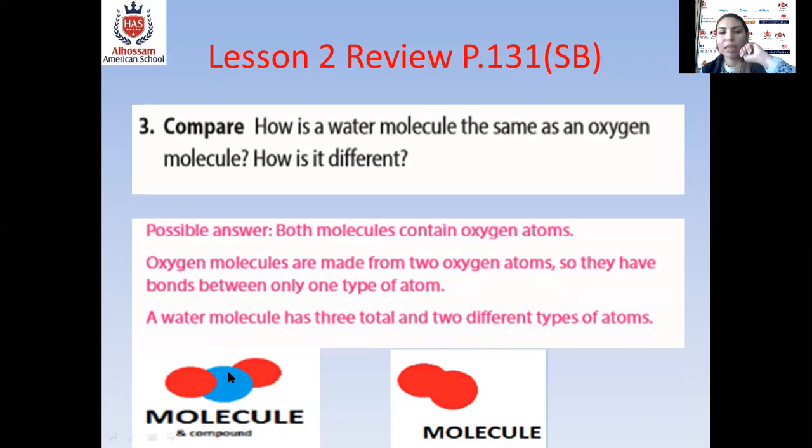So you can see here, water molecule consists of 3 atoms, but just 2 different types. An oxygen molecule contains 2 similar atoms, so one type of atom. You can write the answer again.